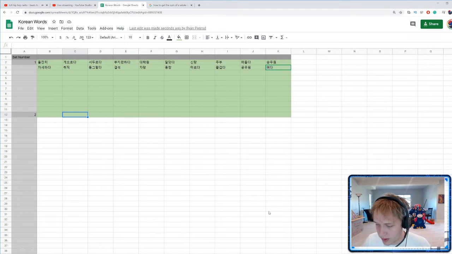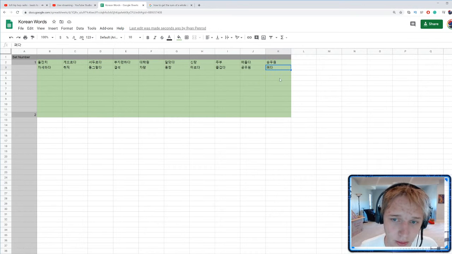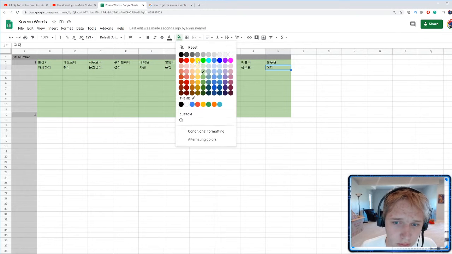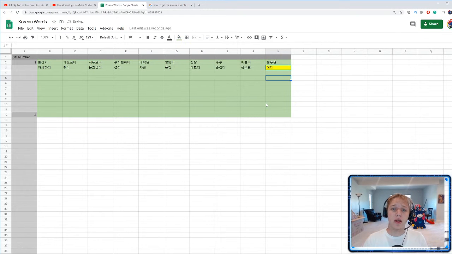Another nice thing about this is, for example, I know why pyoda is pyoda, but if I didn't know the difference between 열다 and pyoda, which both mean to open, and I had a question about it, I can just go here, fill color, and make it yellow or something. And then later I can come and open this and be like, oh, hey, I don't understand why this is this way.